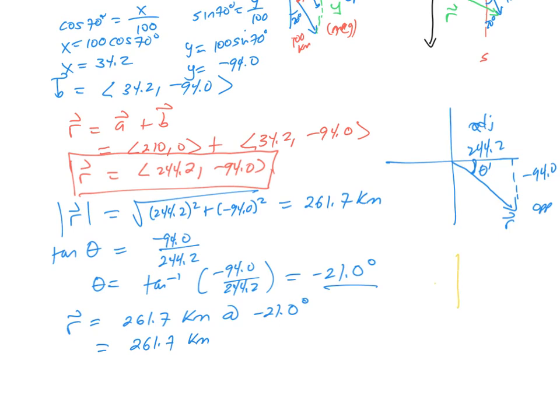So if I want to think about our direction, this was 21.0 degrees in the negative direction, and this would be east and this would be south. So we could say 261.7 kilometers, 21.0 degrees south of east. Either one of those descriptions is correct. They are equivalent.